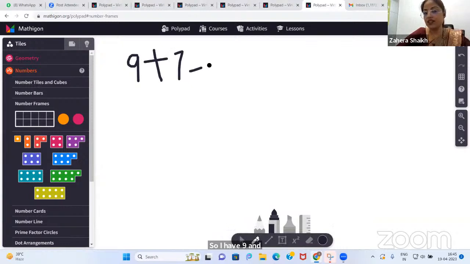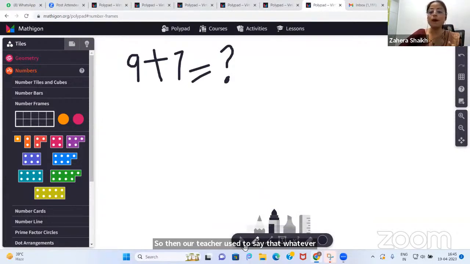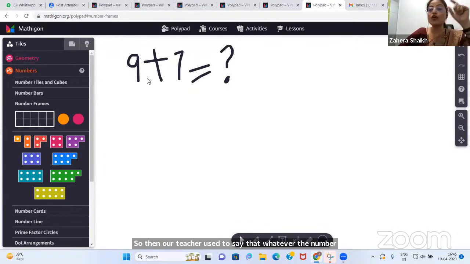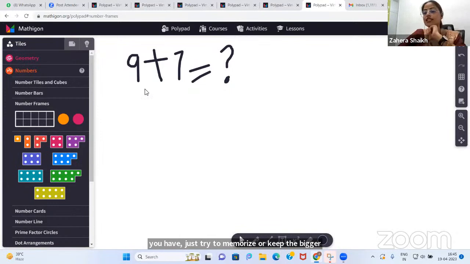What we learned when we were students, our teacher used to say that whatever numbers you have, just try to memorize, keep the bigger number in your mind and count on the smaller number. That is again just a step that you want your children to memorize.